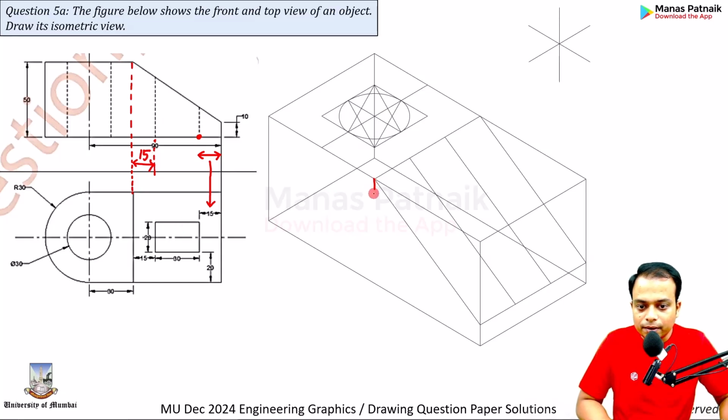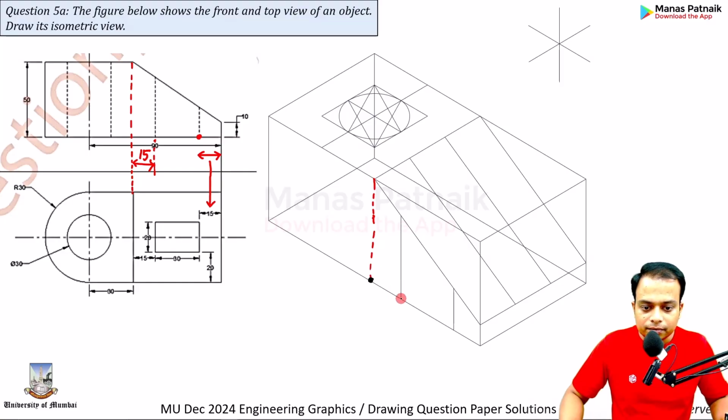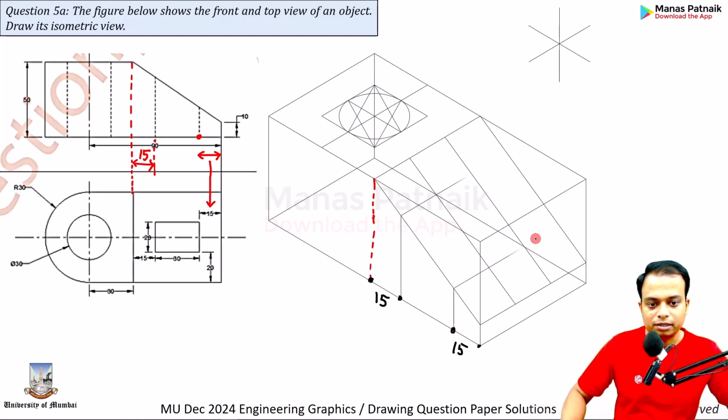So from over here, okay, here, this is 15. From here also, between these 2 points, the distance again is 15. Done. So once you're done with this, just make these 2 lines. Okay, the problem is almost done.